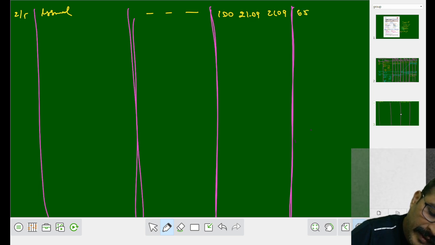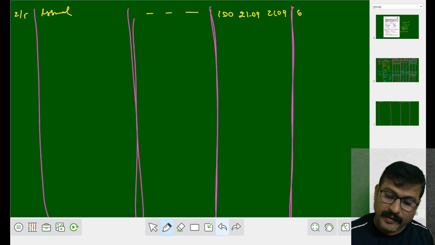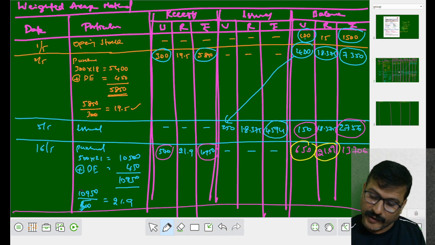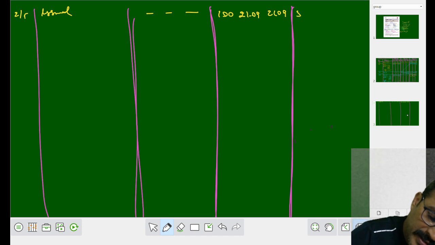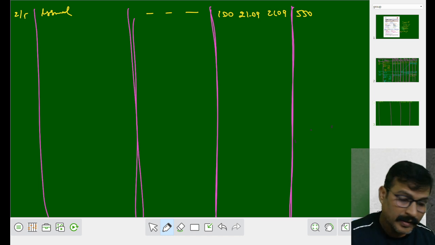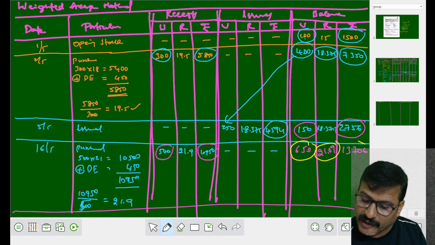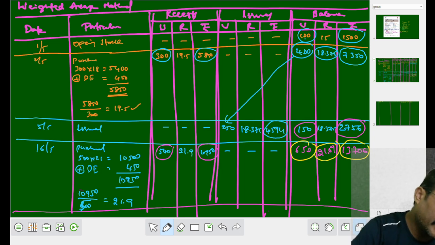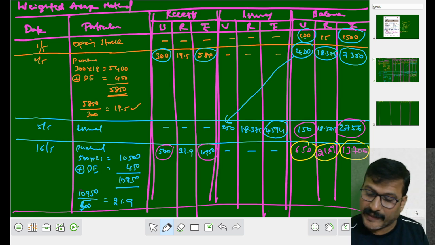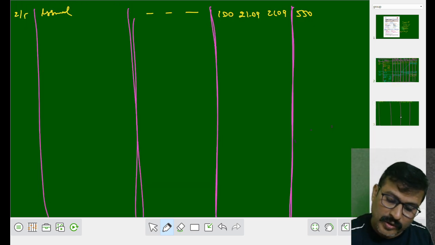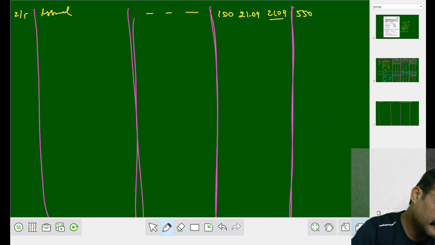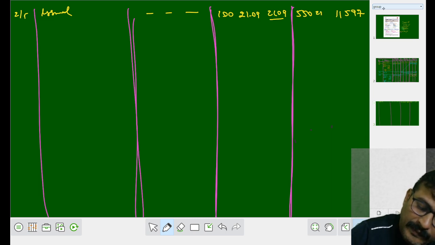You will be getting out of 650, when you issued 100 units, how many units are we getting? 550. Then out of 13,706 minus the amount issued, 2,109, it comes to 11,597. Divided by, as usual, the remaining 550 units. So same answer, 21.09.